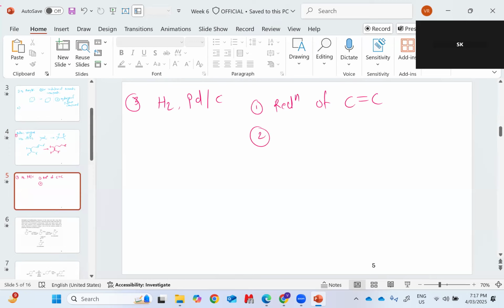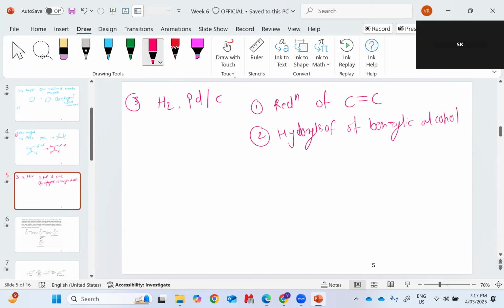Second, it can also be used for the hydrogenolysis of benzylic alcohol. If you take an example, the reduction of the double bond is in the same manner that we've seen earlier.